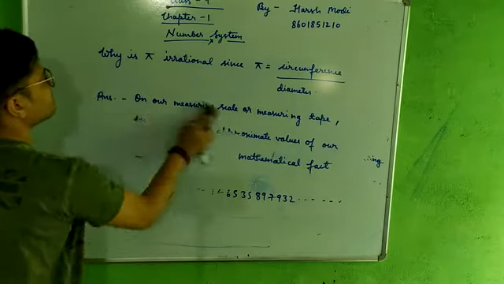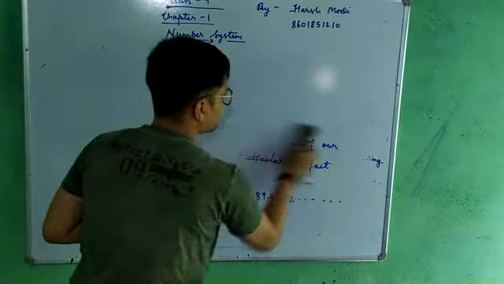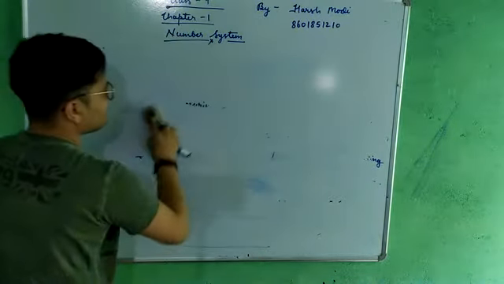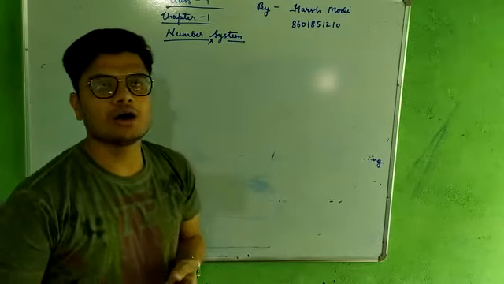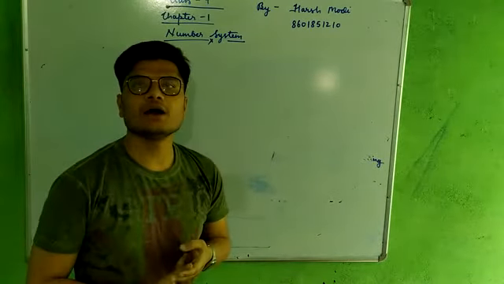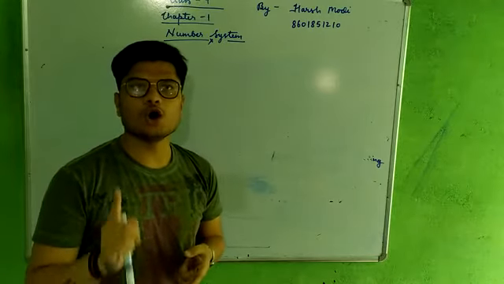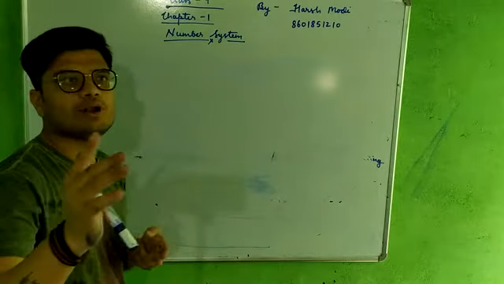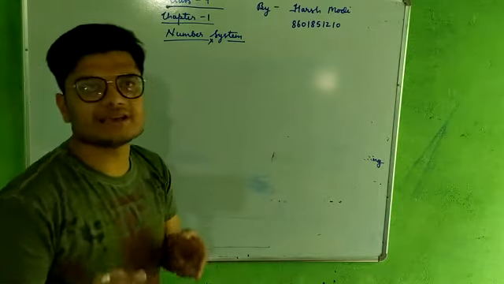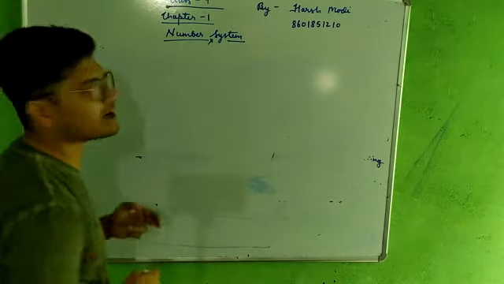Next. Whether we have a rational number or an irrational number, we can locate both on a number line. First of all, we'll revise how we locate rational numbers on a number line.